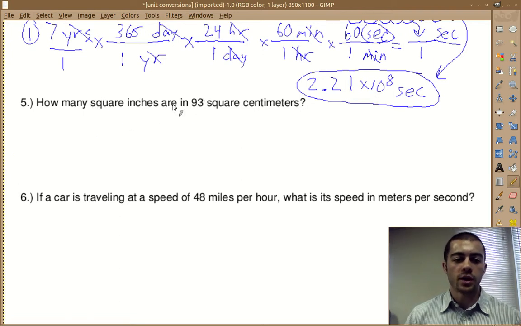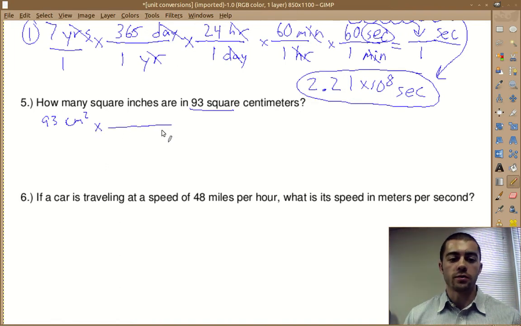So if we take the number that we start with, as we've done before, 93 centimeters squared, and then we want to again multiply by our conversion factor. So we need centimeters squared on the bottom, and we can put this over 1. We want inches squared on the top.